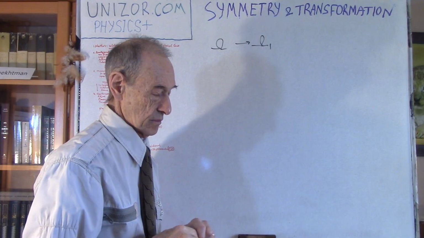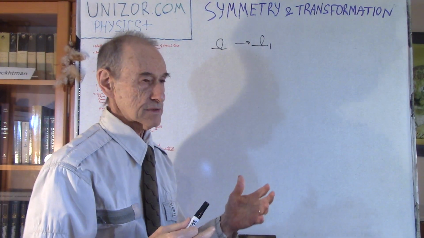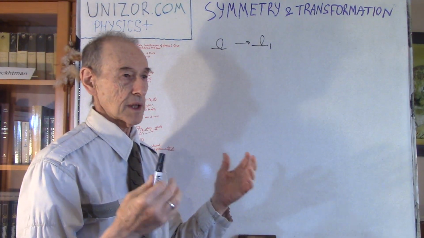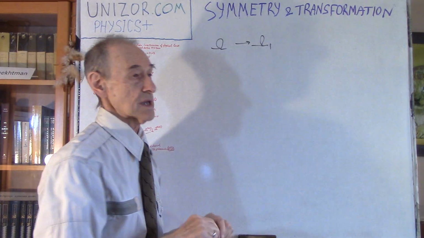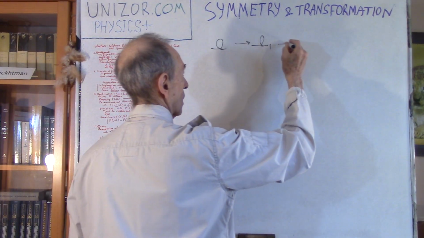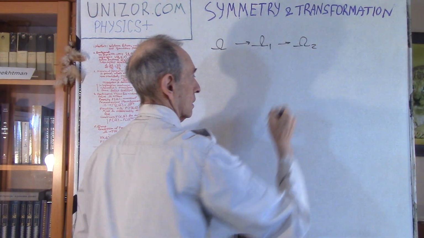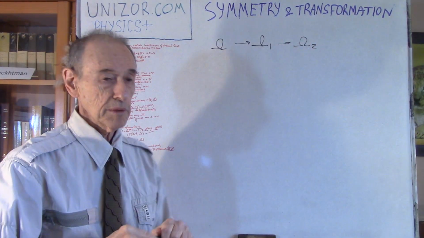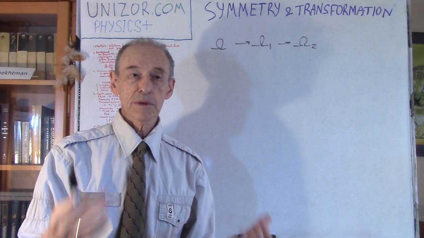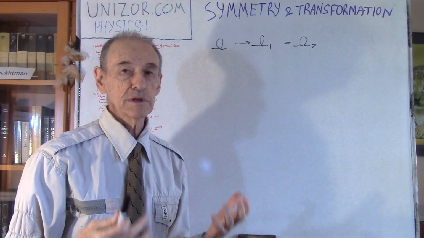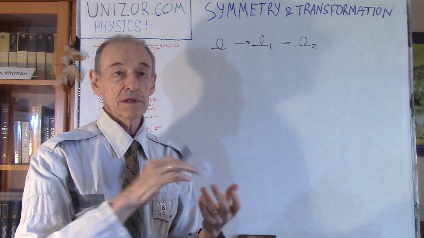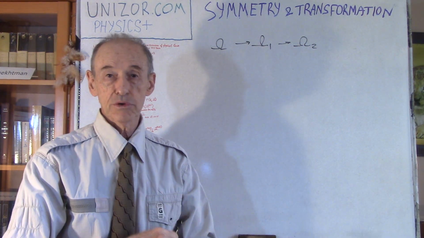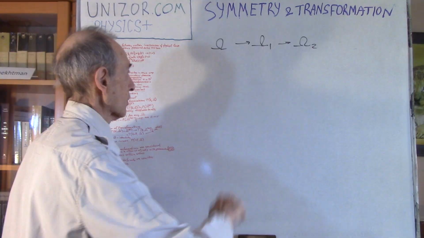Then, if we are talking about transformation, we can apply the transformation to this object to get some other object, etc. So if we are talking about transformation, we really talk about a certain set of objects transformed from one to another by a certain transformation T.